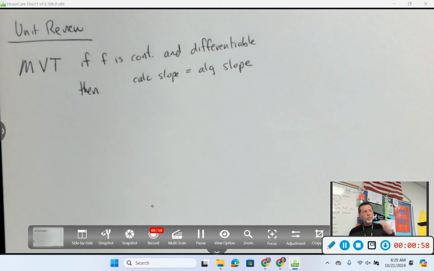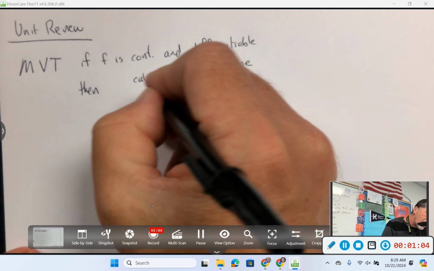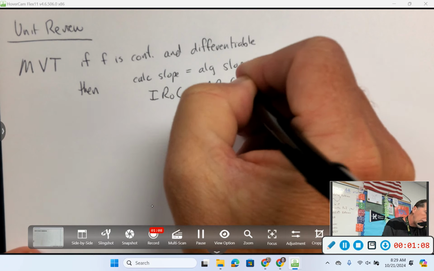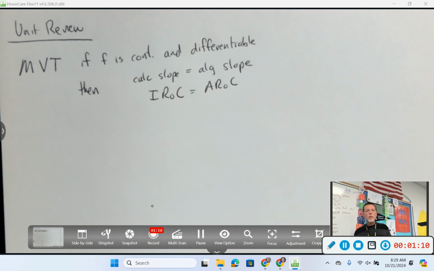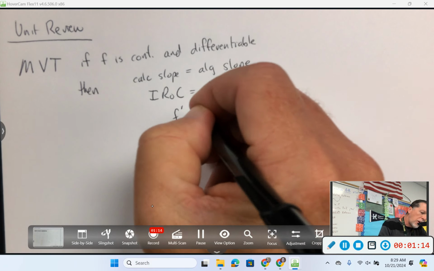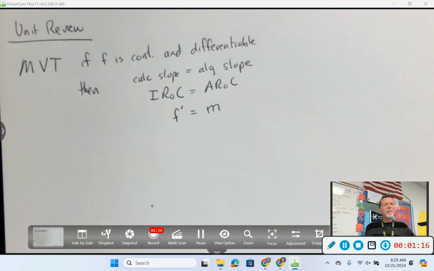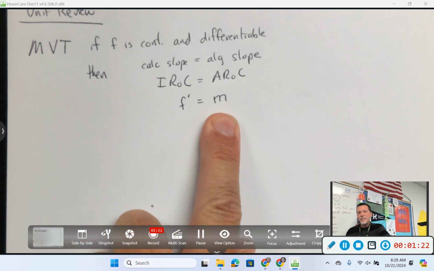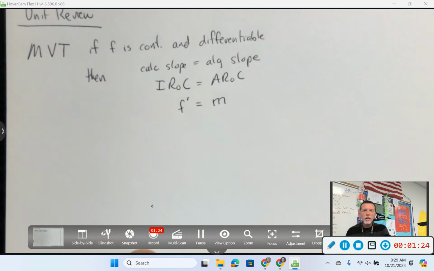And we wrote this 3 or 4 different ways because people's brains kind of work differently and lock on to different things. IROC equals AROC, that's the same thing. F prime equals M. So now we're getting into abbreviations, but if you know what they mean, F prime, that's calculus. M, that's old school algebra slope.